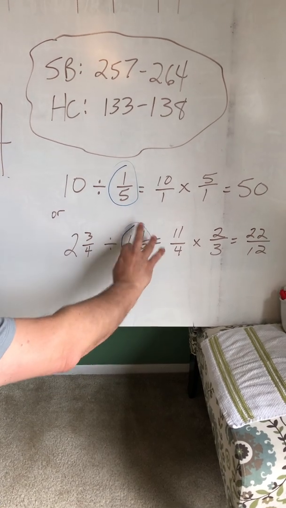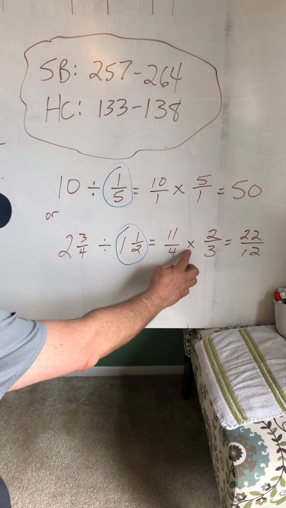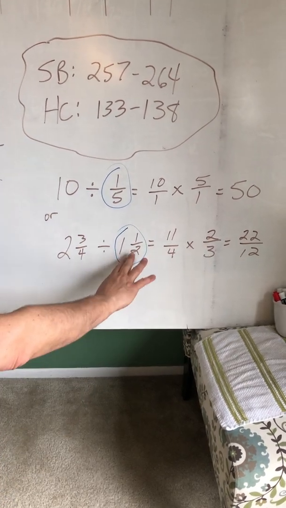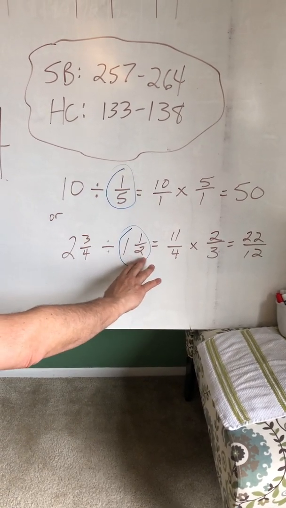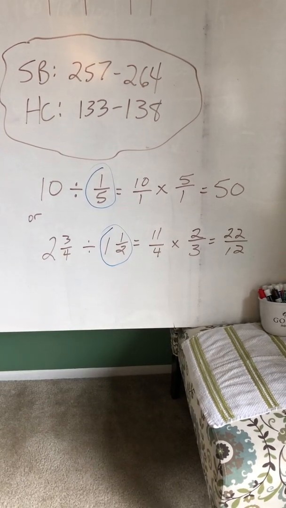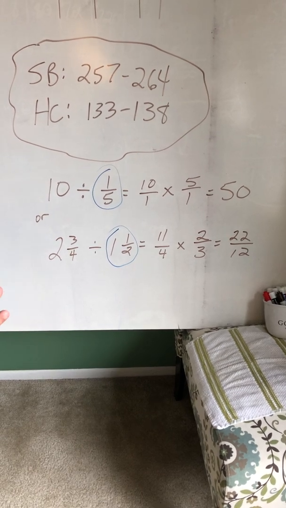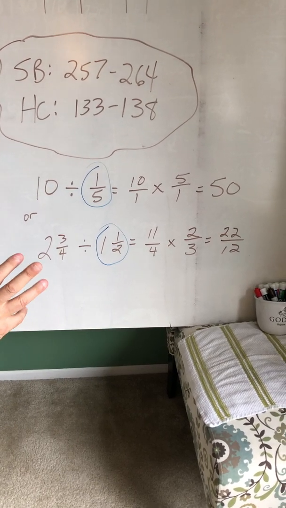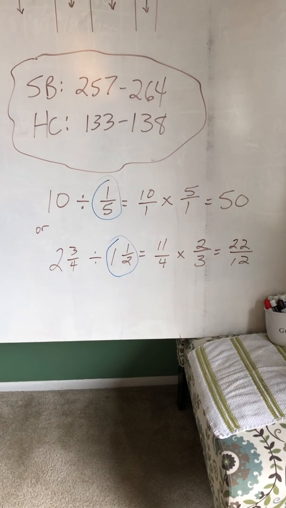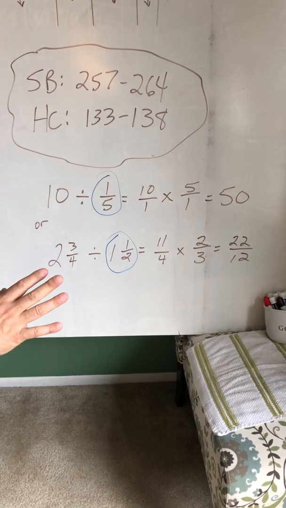But since we're doing the reciprocal of 1.5, it's going to be times 2/3 because this is 3/2. Okay? So reciprocal is 2/3. You end up with 22/12, and you guys know how to reduce that. You can make it a reduced improper fraction, or you can make it a reduced mixed number. It's up to you. Okay?